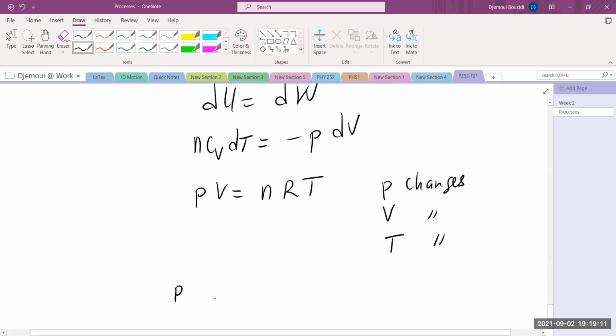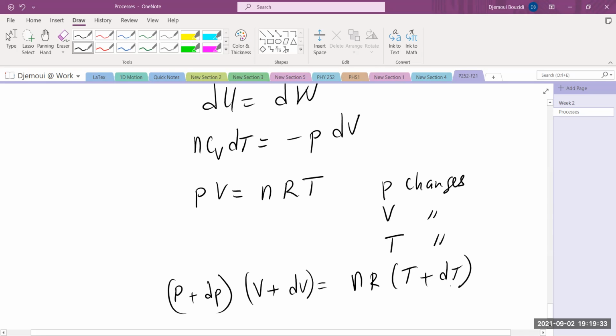Okay, here is the deal. The P was P, now it's P plus dP. The volume was V, and now it's V plus dV. Temperature was T, now it's T plus dT. So this is the new expression in the new state.